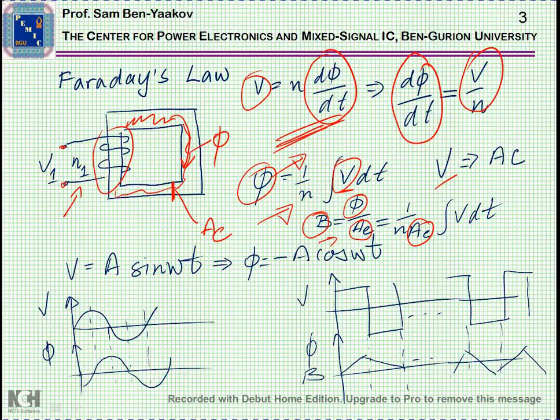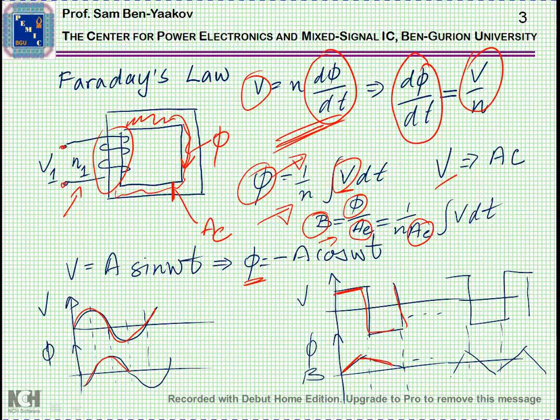So if we impose a sinusoidal waveform like this, then phi will be like a cosine, actually minus cosine. It'll be like this, shifted 90 degrees. And if we impose a square wave, like here, then phi will go up and down, up because this is a positive slope, and down because it's a negative slope.